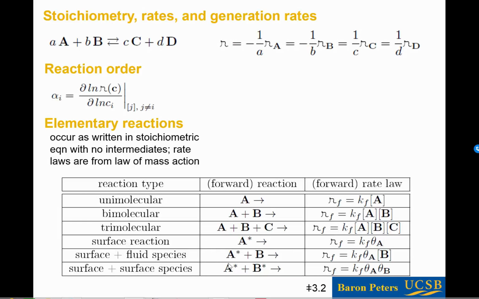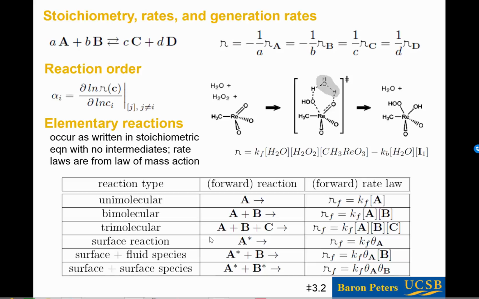For example, you can have an Eley-Rideal step where you have a species on the surface that reacts with a species from the gas phase, and this would give you a rate law that's a constant times the coverage of species A multiplied by the concentration of the species that's coming in from the gas phase.